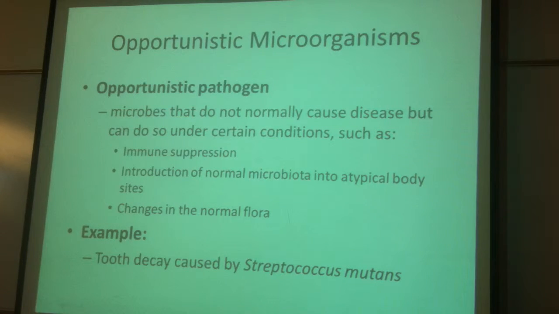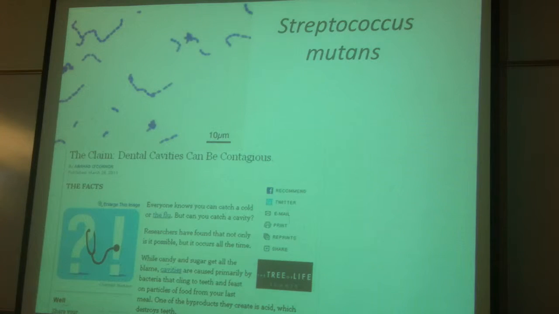So if you're immunosuppressed, so immunocompromised, if you have some kind of introduction of that microbiota to a different part of your body, so an atypical body part, or you have changes in your normal flora, so maybe they're not being kept in balance as much, so if it's allowed to overtake, then maybe it can become a pathogen. Okay? So one of the examples is tooth decay, which you can actually catch, since it is a pathogen.